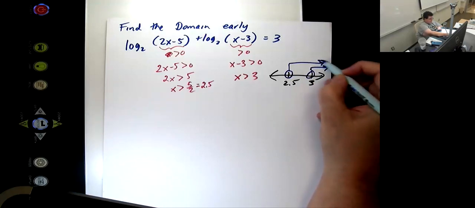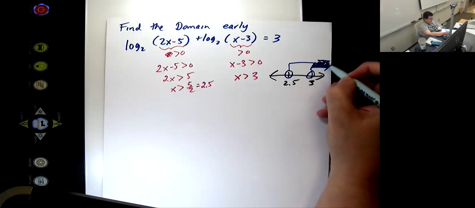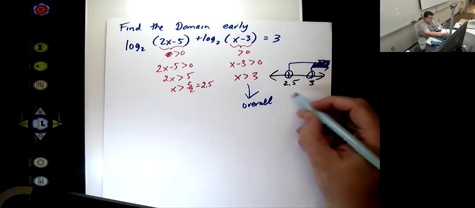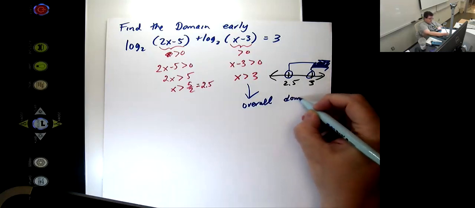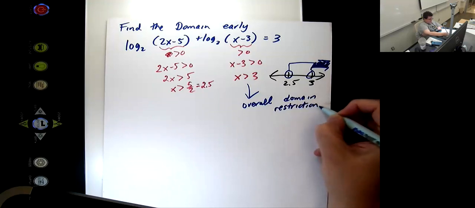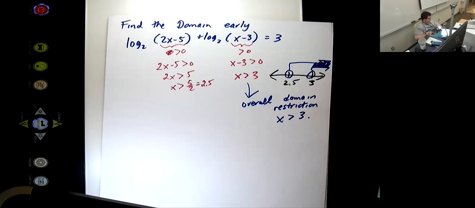We have to do the one that has the area that has both. So this is the overall domain restriction: x has to be greater than 3.